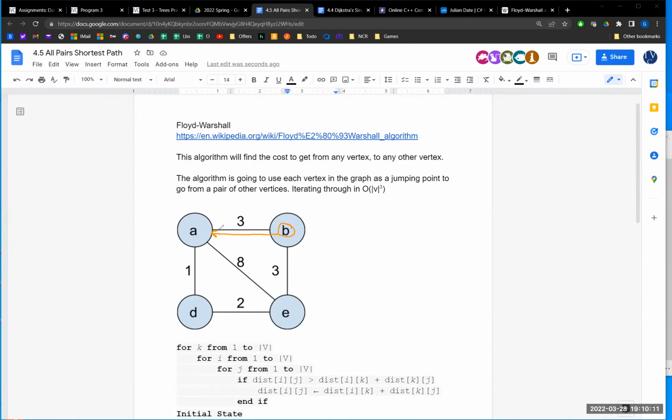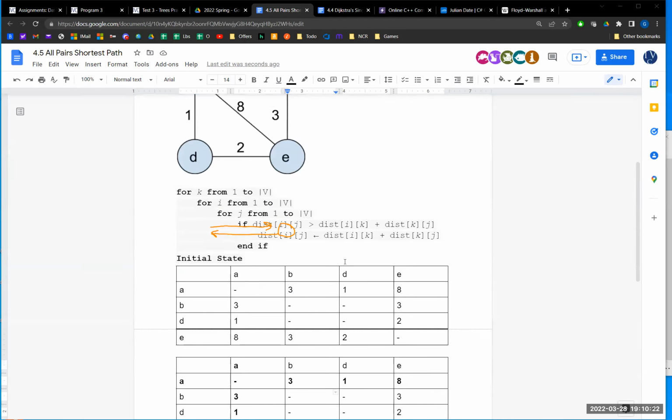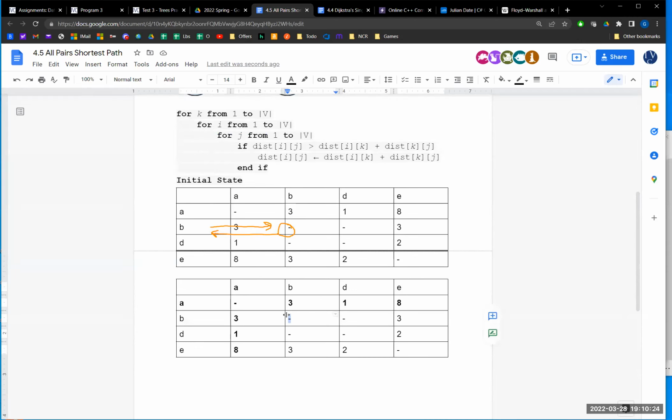So we can jump to A, and since we're looking at the B to B cell, we're looking to see what's the cost to jump back. So B can go to A for 3, and then back for an additional 3. So we can go ahead and replace that with 6.